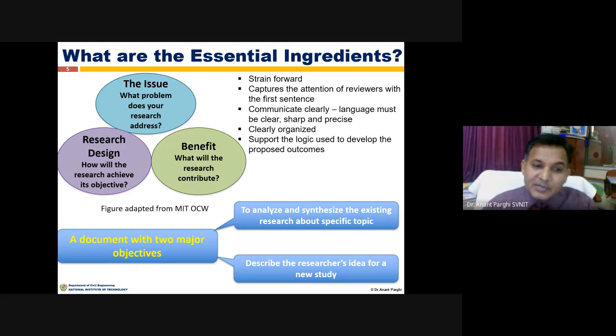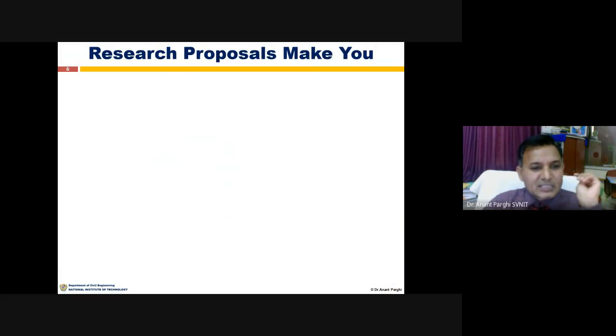And then the benefit: what benefit are we going to get from that research, and how are we contributing to the existing knowledge of the research society? These are the main things. What kind of problem we are going to solve is very important to understand, as it is the essential ingredient of a research proposal.